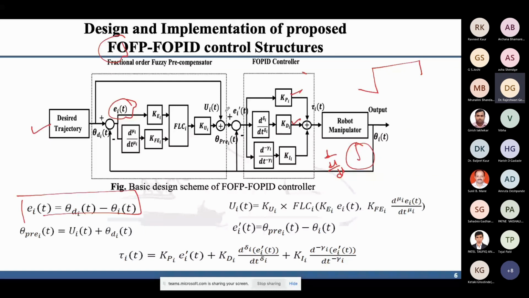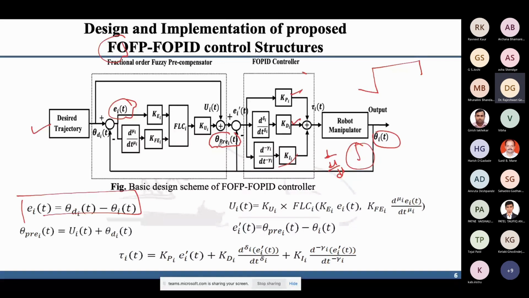So here you can see that we are again getting some theta pre, and this theta pre means the precompensated output, again applied to the PID controller, that is the FOPID controller. Whatever the obtained output is, it is again subtracted from the newly generated precompensated reference input.